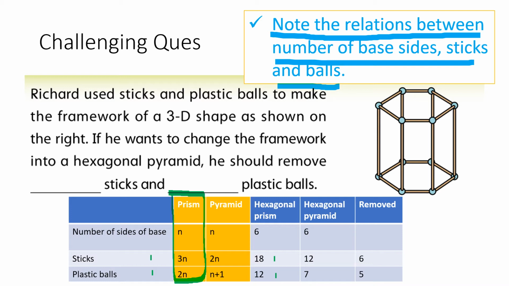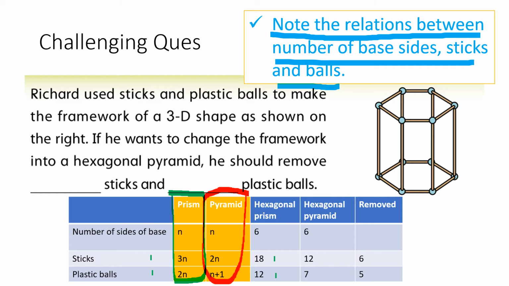And then, what about the hexagonal pyramid? Using another relation, okay, between the number of sides of the base, sticks, and plastic balls in a pyramid. Similarly, you can find the number of sticks in a hexagonal pyramid.